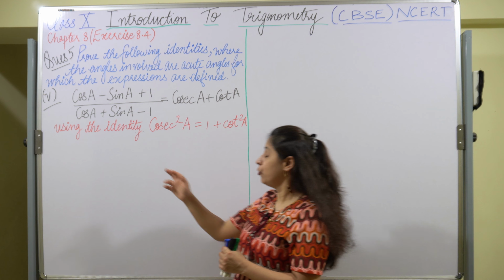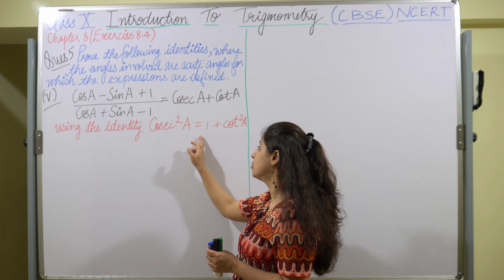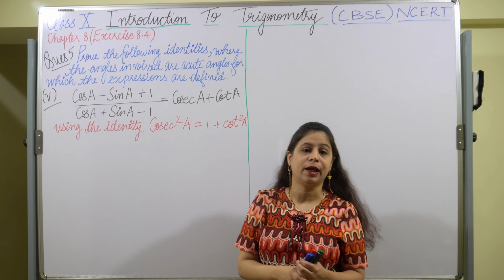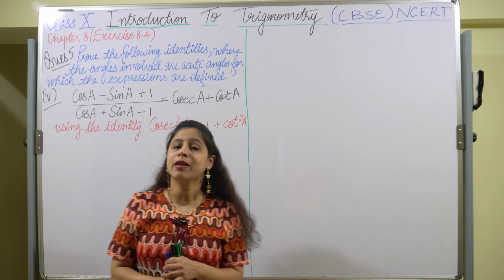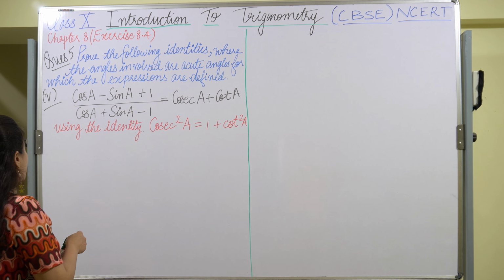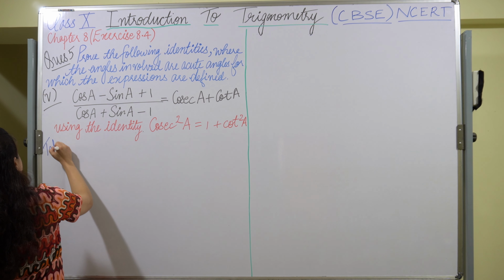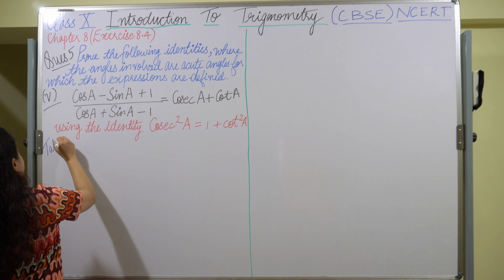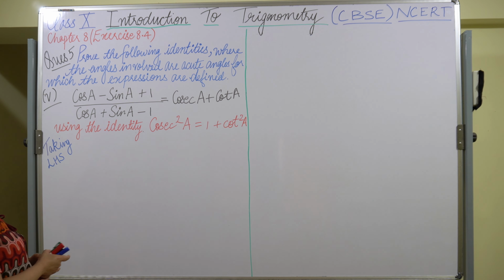Okay. So we need to use the identity cosec square A is equal to 1 plus cot square A. So let us start solving the question by taking the LHS.